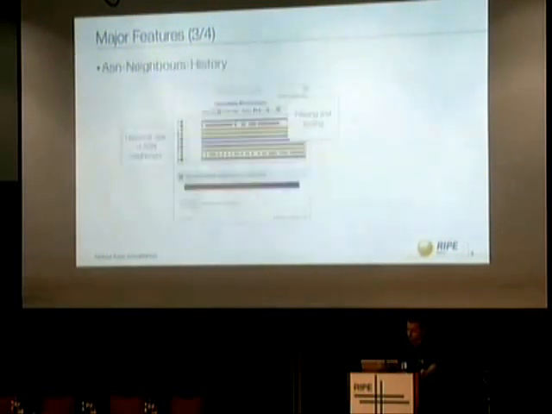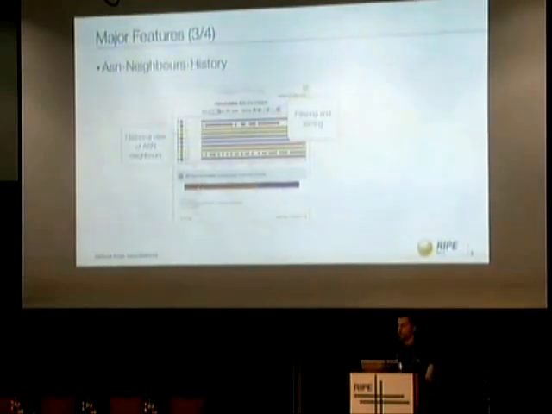Then another major feature that we added was the AS neighbor history. The AS neighbor history is based on routing data, and some of you might already know the AS neighbors widget, which shows you how many neighbors a specific AS has at a time.